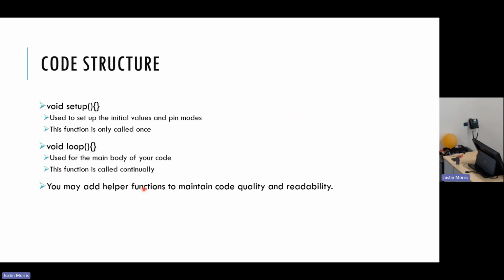But if you maintain your code quality, maintain good practice, when you hand things off to peers, it'll be a lot easier for them, right? I can't stress how important this is. This is one of the key skills that you will learn throughout your coding career.